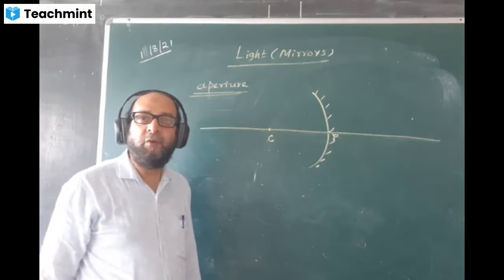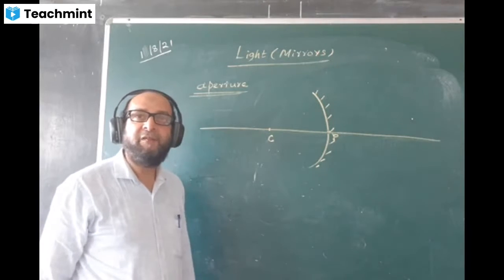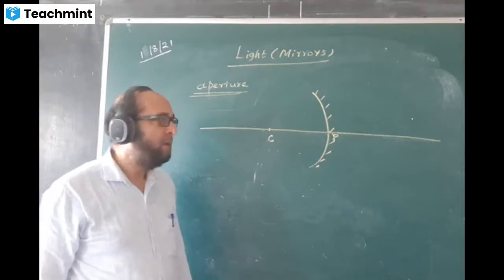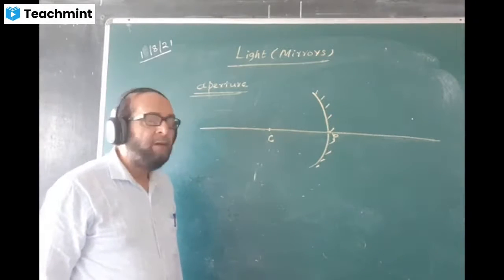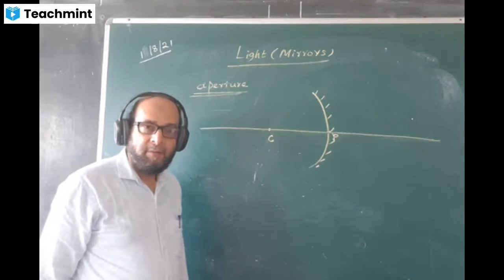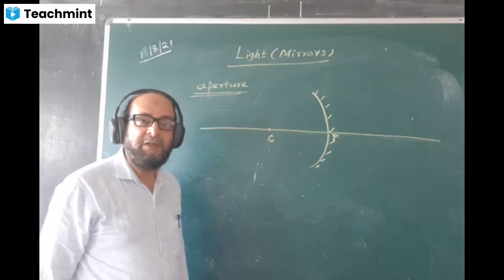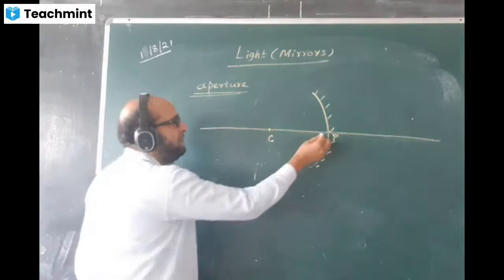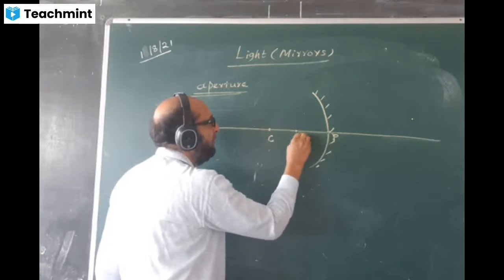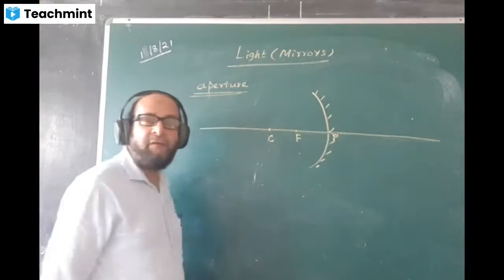In the middle of the center of curvature and pole. P and C are here, so I must mark it exactly here. This will be F.